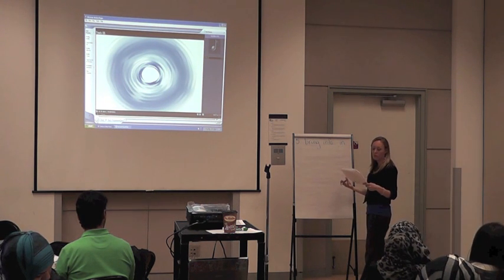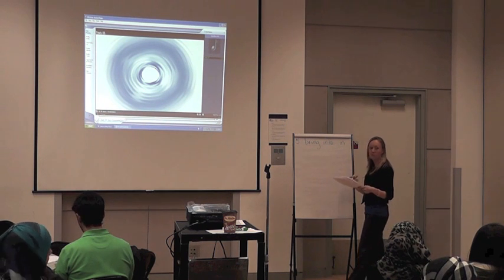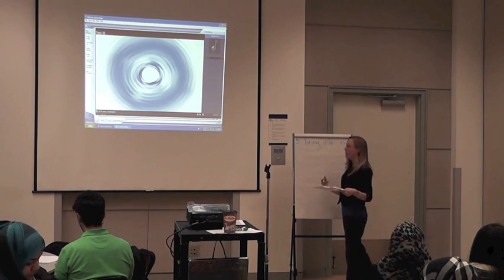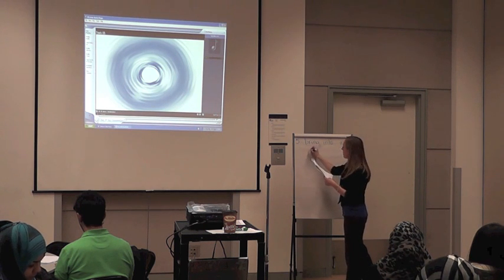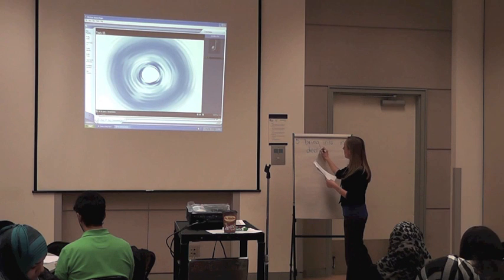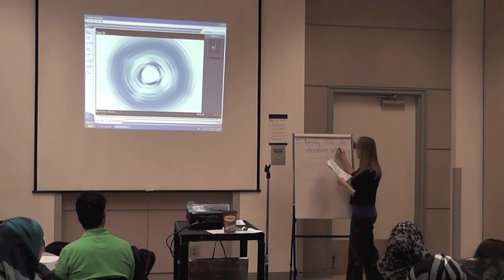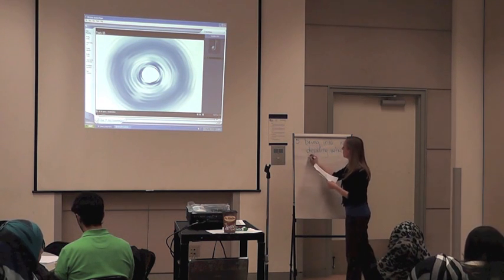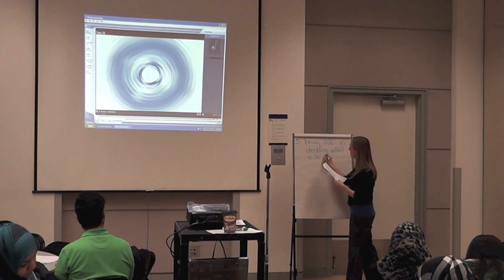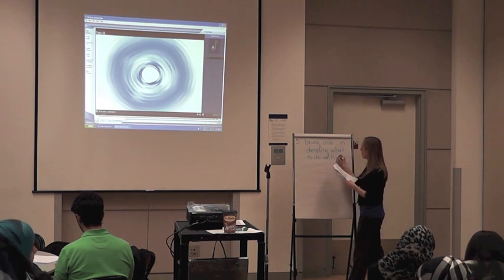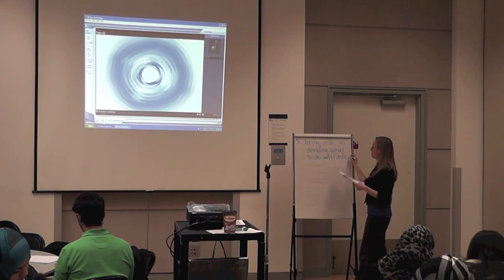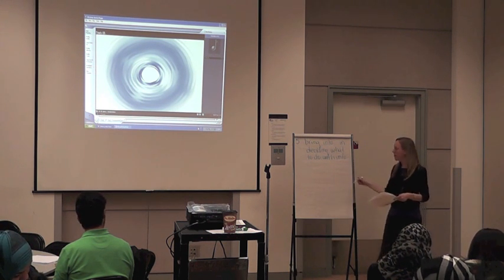Another word you could use was input. That would be fine. Anything that means the same. The next one was deciding what to do with the information. Anything like that would be okay.